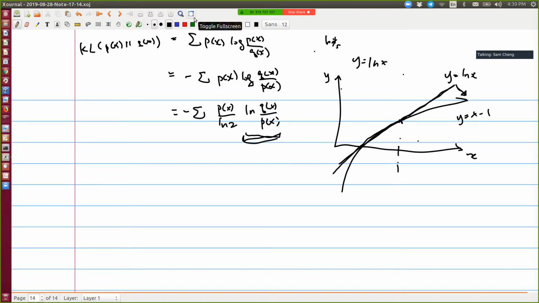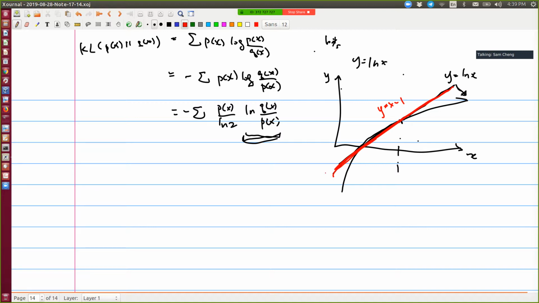This is making me confused. Let me just remove this and use a different color. Okay, this is y equal to x minus 1, right?